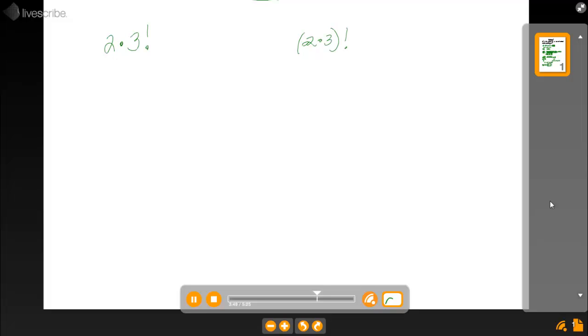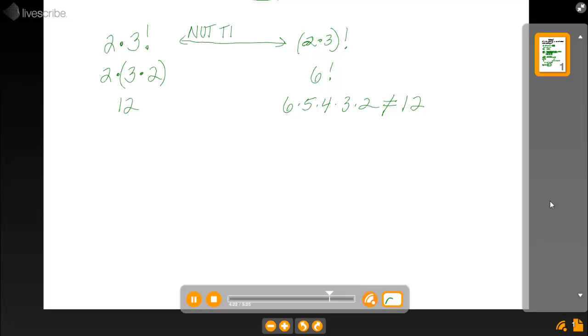What the first one says to do is 3 factorial first and then multiply by 2. 3 factorial is just 3 times 2 times 1, which is 6. Times 2 would then give us 12. 2 times 3 first, in this second example, would really be 6 factorial, which is 6 times 5 times 4 times 3 times 2 times 1, which is definitely not 12. So these two things are not the same.